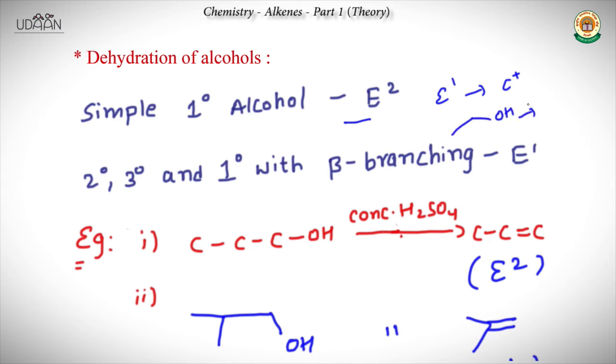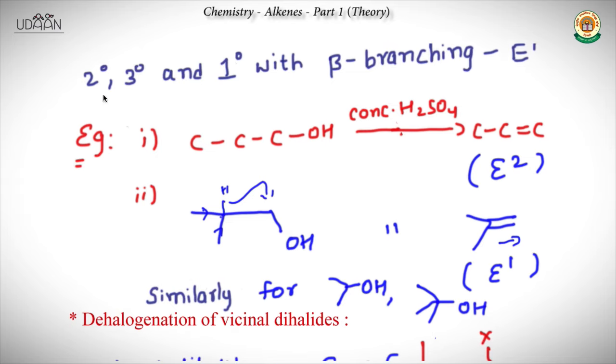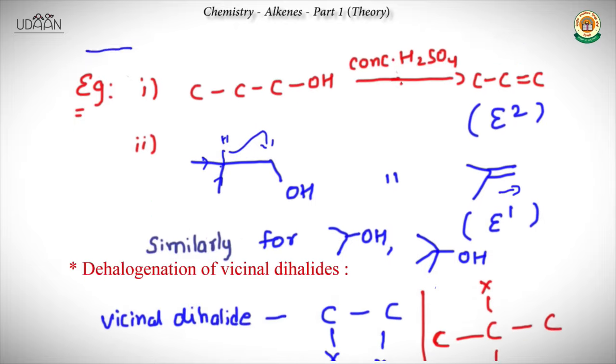But a primary carbocation is not stable because there won't be any hyperconjugation effect and very little inductive effect for it. But if you have a beta branching, as shown in this example, there is a possibility for E1 elimination because you have more inductive effect and there is a possible hydride ion shift, which you will study later on. For secondary or tertiary alcohols, it proceeds by E1 elimination.